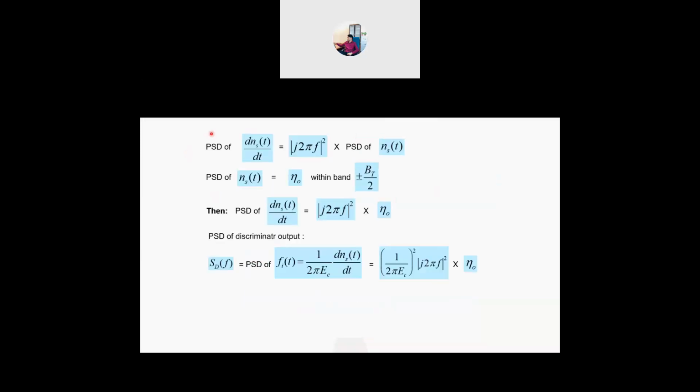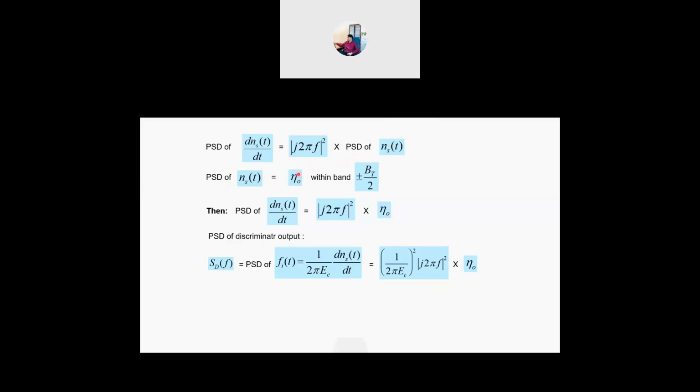Then the power spectral density of dNs(t) over dt equals |j 2 pi f| squared times the power spectral density of Ns(t). The power spectral density of Ns(t) equals N naught.